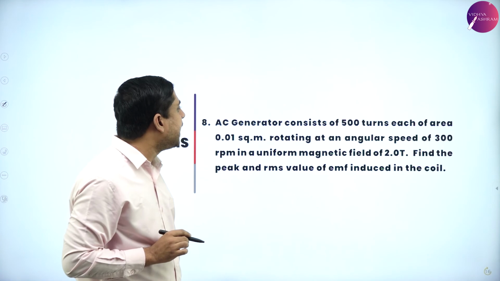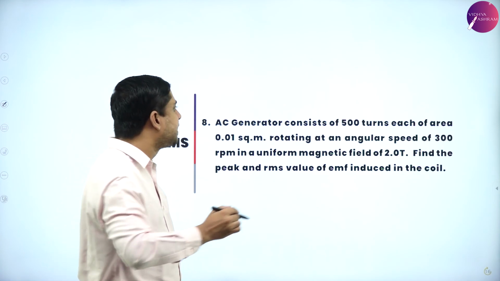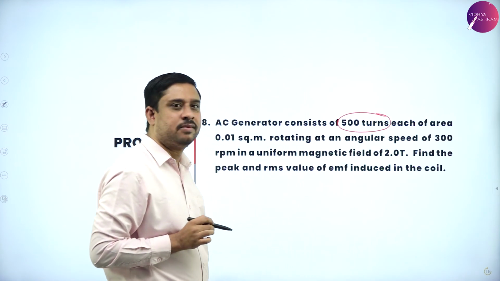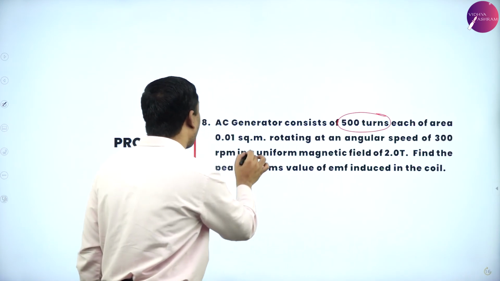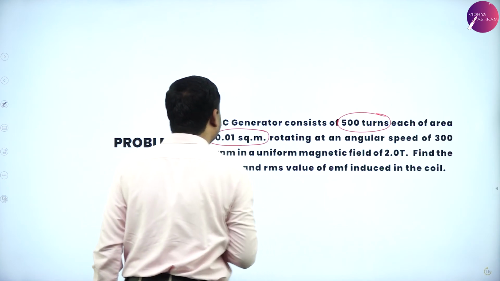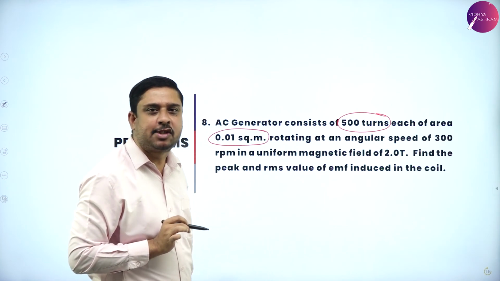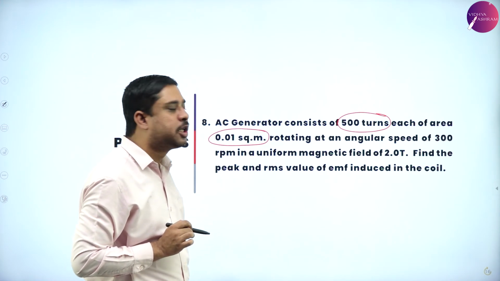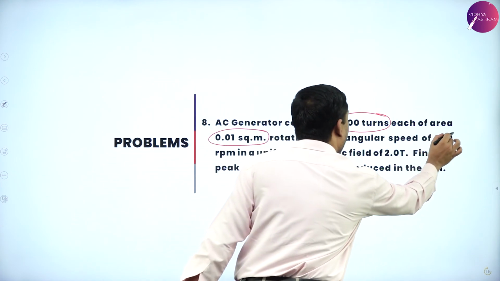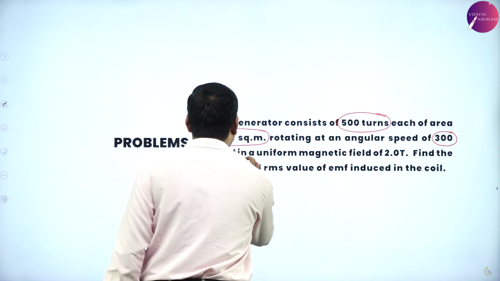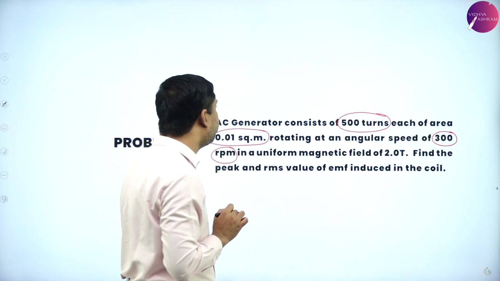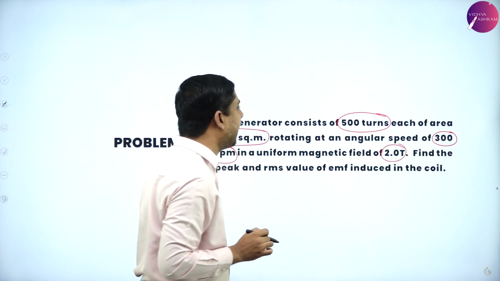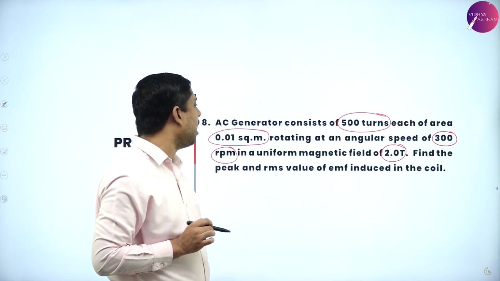An AC generator consists of 500 turns, each of area 0.01 square meter, rotating at an angular speed of 300 rotations per minute in a uniform magnetic field of 2 Tesla.